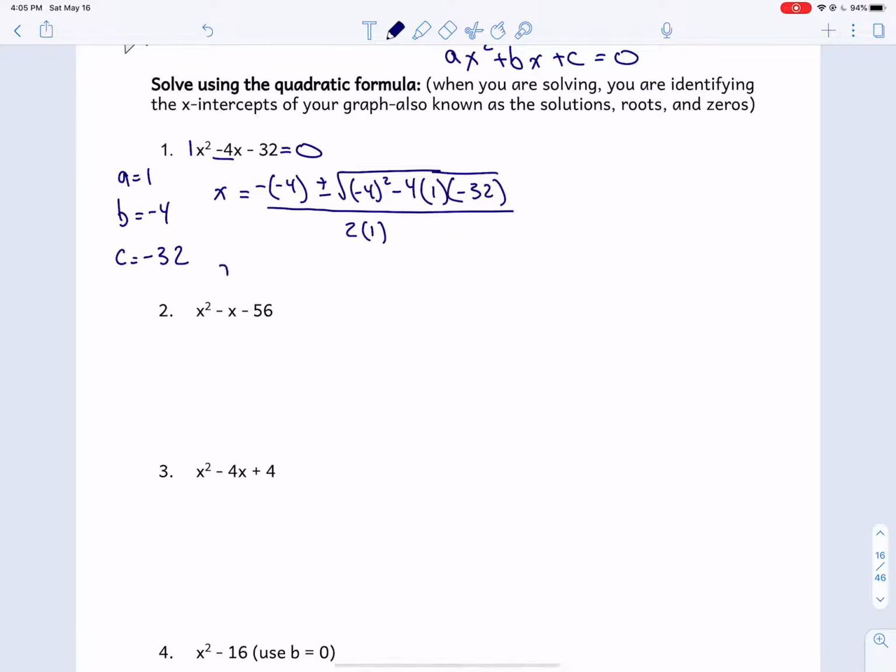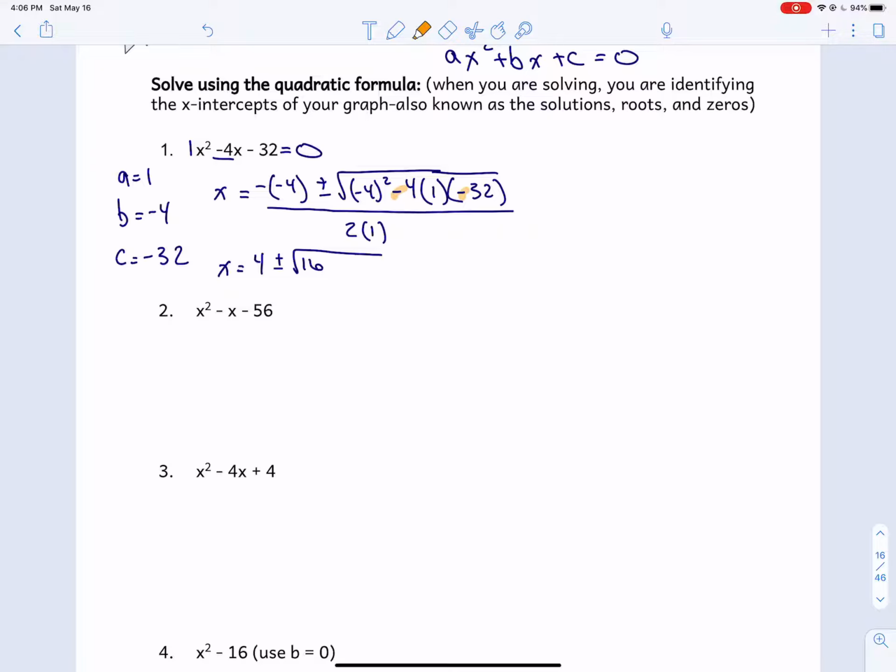Okay, so x equals negative of a negative is positive, so 4 plus or minus. Now under the square root, probably do this in a couple steps. So -4 squared, that's 16. Okay, and then I see this next term is going to be a negative here, a negative times a negative, which is positive, and then 4 times 32.